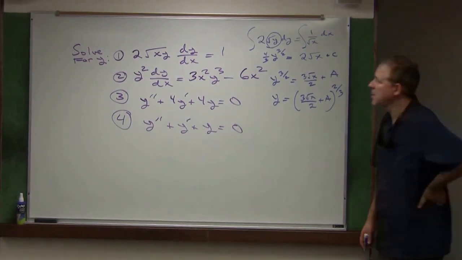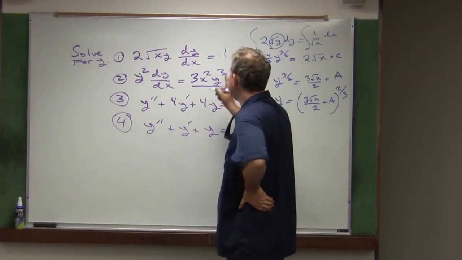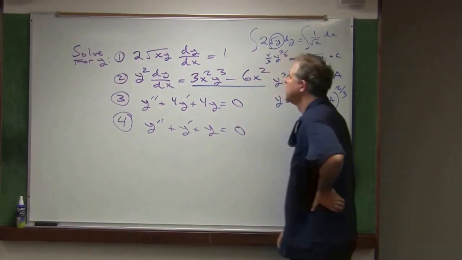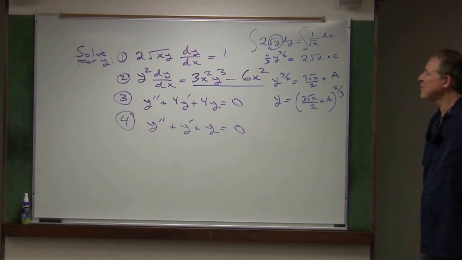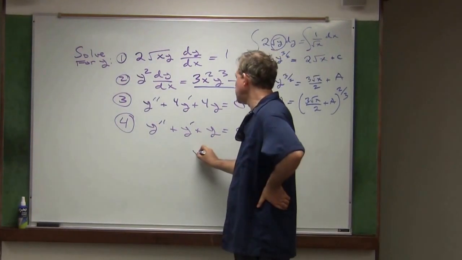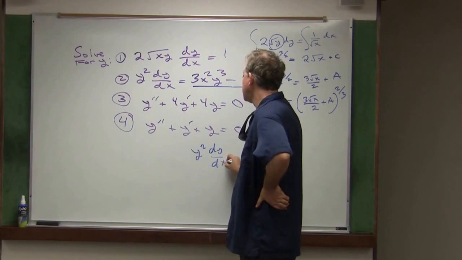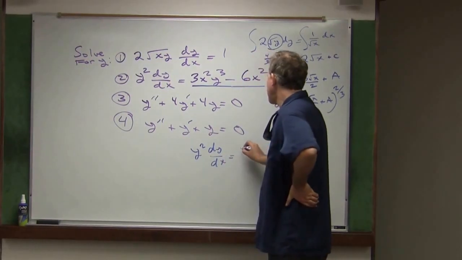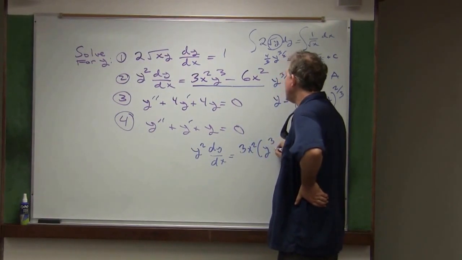Looks good to me. Okay, on number 2, you have to make sure it's separable first, is it? It is, but you have to do a little work. What do you have to do? Factor first. So in other words, you've got to get it y squared dy dx is 3x squared times y cubed minus 2.